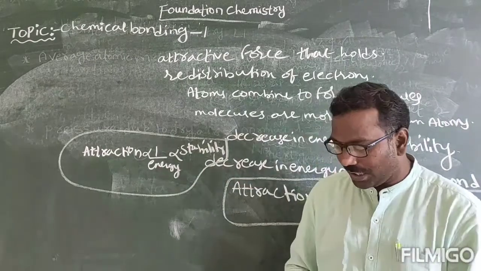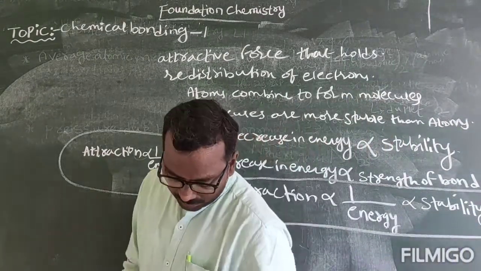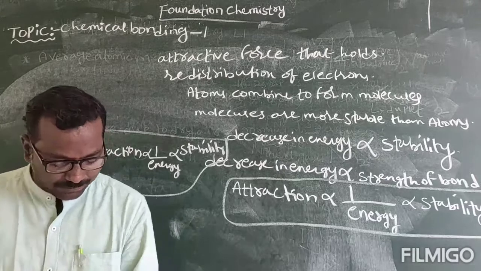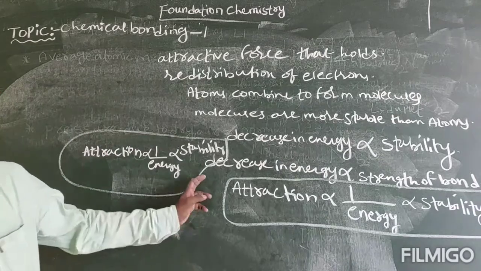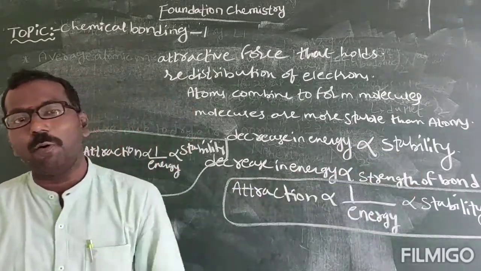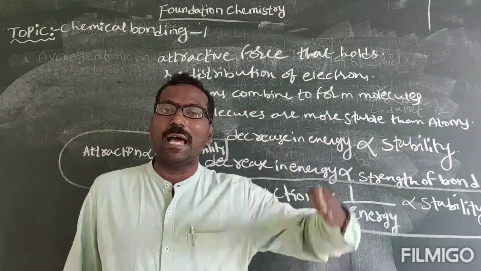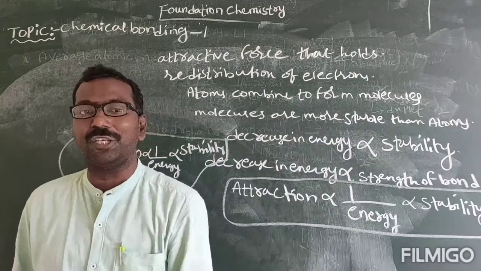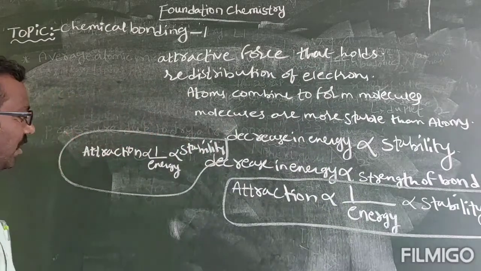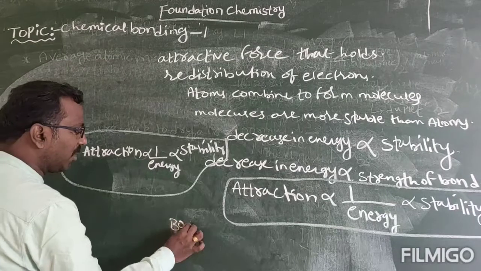In chemical bonding, always a decrease in energy will result in the strength of the bond. So when atoms form molecules, there will be a decrease in the energy. So what we can say about the bond formation process?